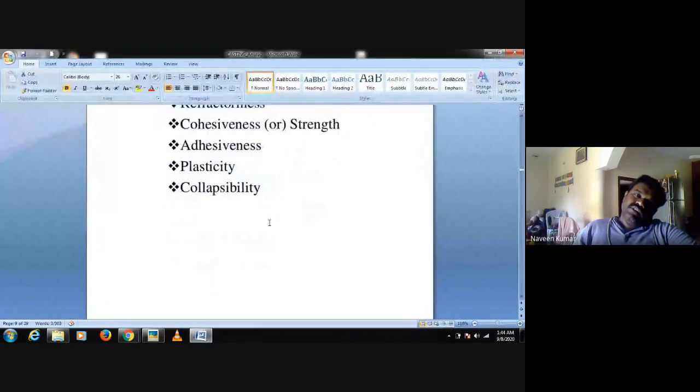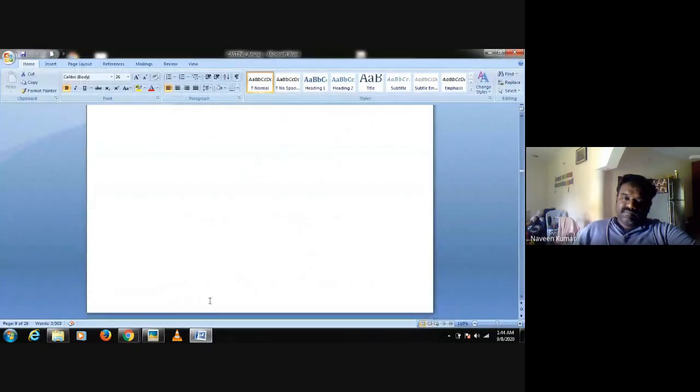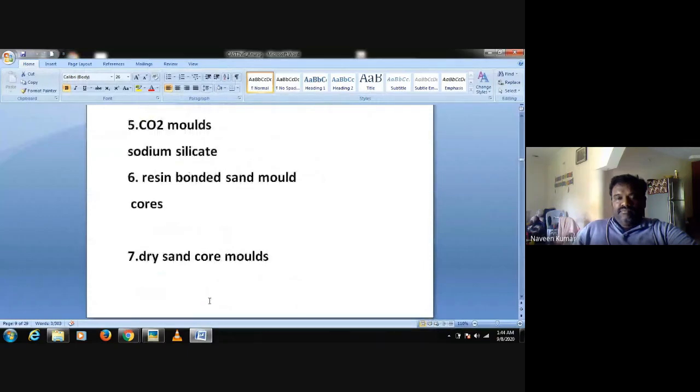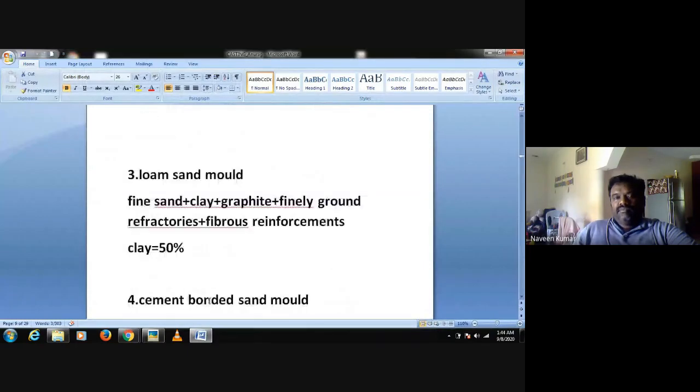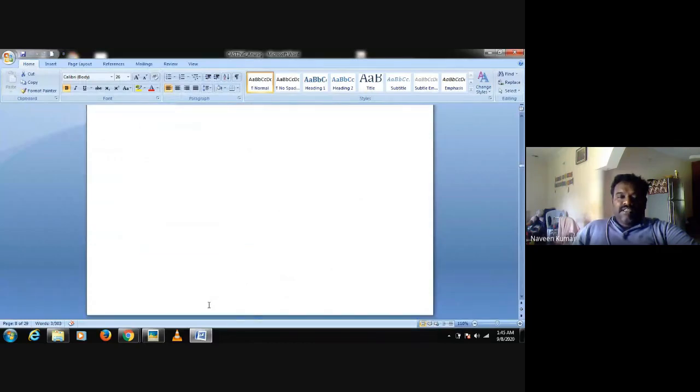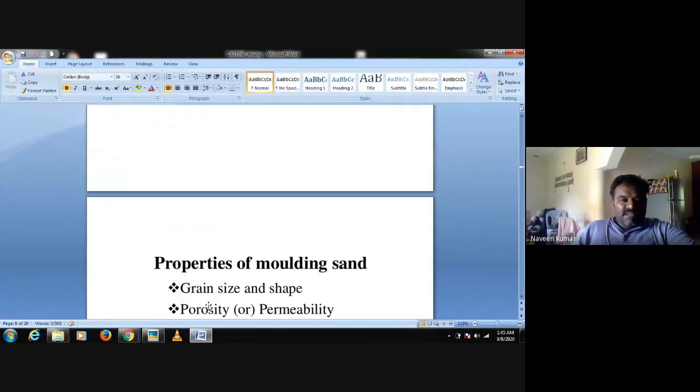Whenever we produce castings, before carrying out the casting process, we should look at the various properties of molding sand.